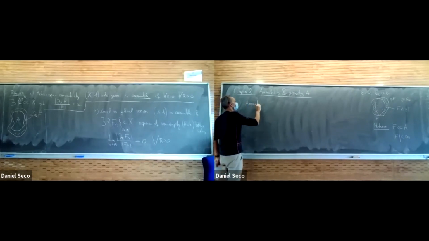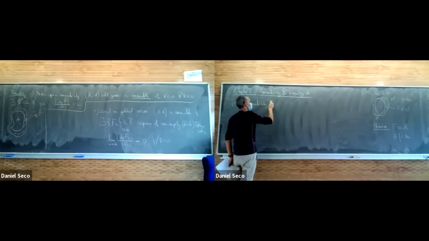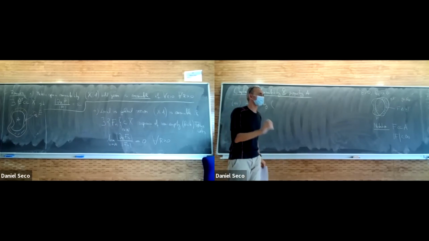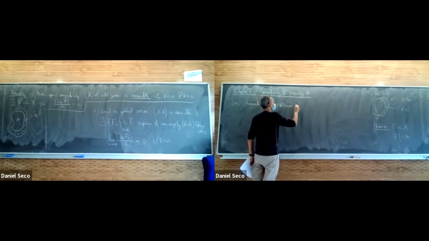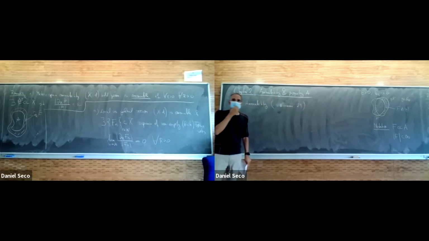Amenability. This notion is due to von Neumann, in the year 1929. And it was a time of the Banach-Tarski paradox, which tells you that you can take an orange, break it into 5 pieces, rotate the pieces by isometry, glue the rotated pieces again, and you get 2 oranges of the same size.